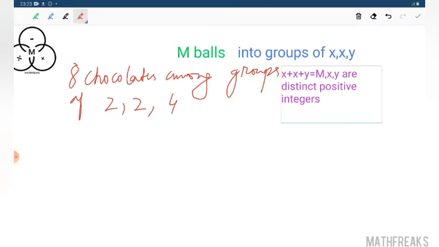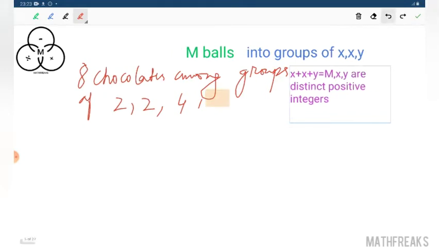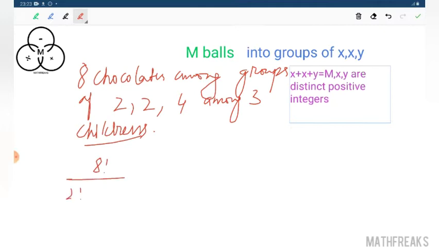In how many ways can we do this? 8 chocolates among 3 children. This will be 8 factorial over 2 factorial, 2 factorial, 4 factorial.